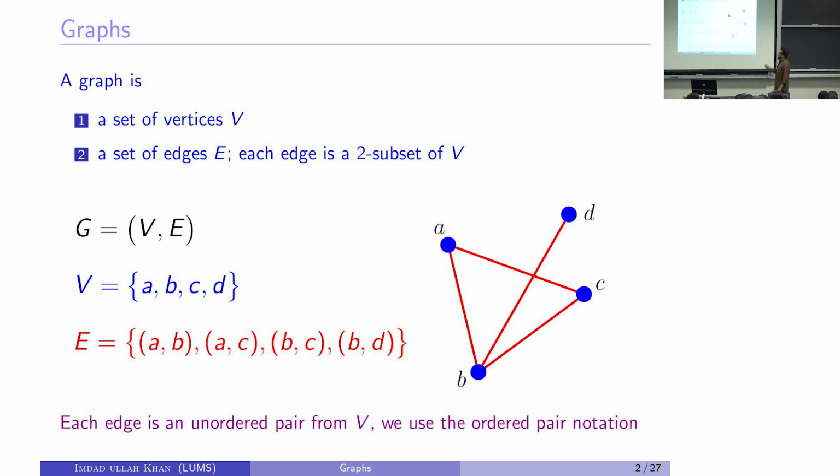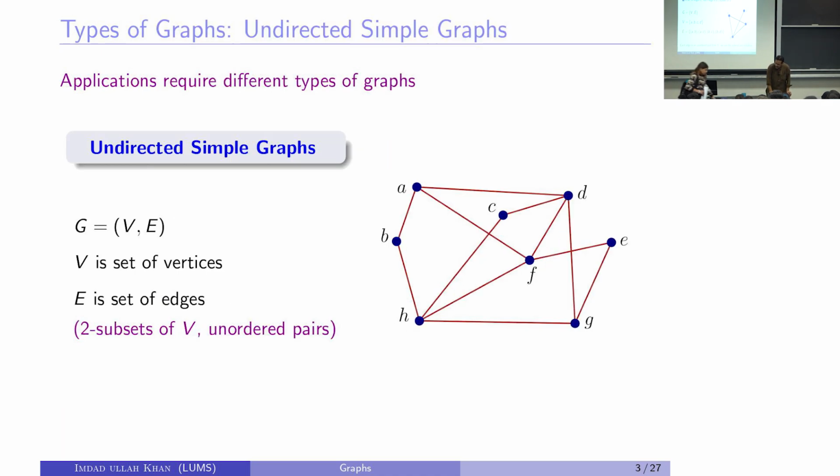There is a slight abuse of notation. This notation we use for ordered pairs, but these are not ordered pairs, these are unordered pairs. We use the ordered pair notation because it's standard and should be clear. In different applications we require different graphs. The graph that we described so far is what's called an undirected simple graph.